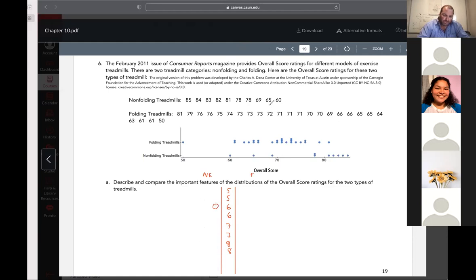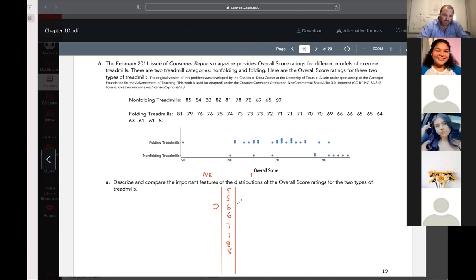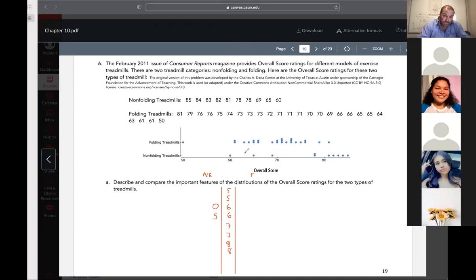So what would I do there? A 5 on the second 6. Okay, 5. And then the next one, 69. How would I represent that? You put a 9 on the second 6. 78. An 8 on the second 7.